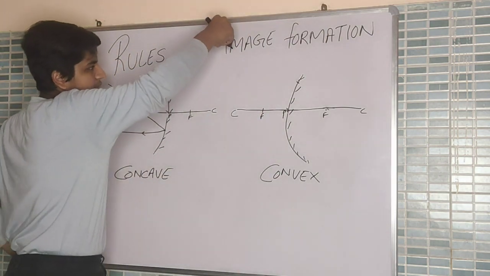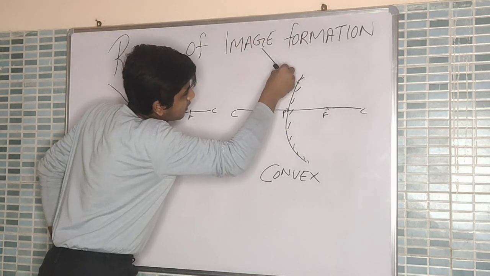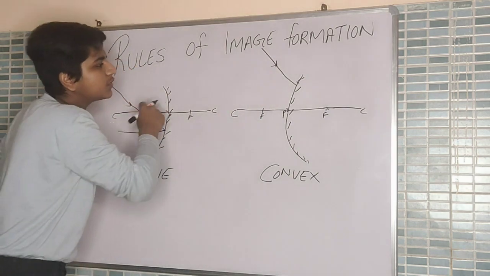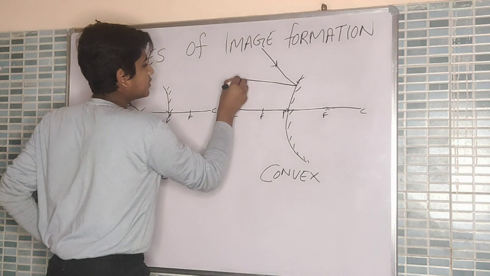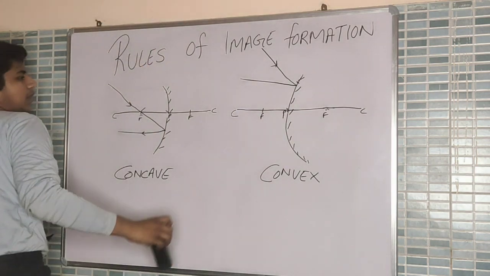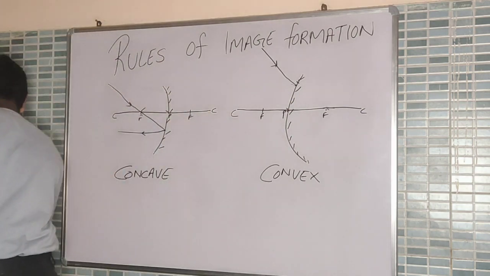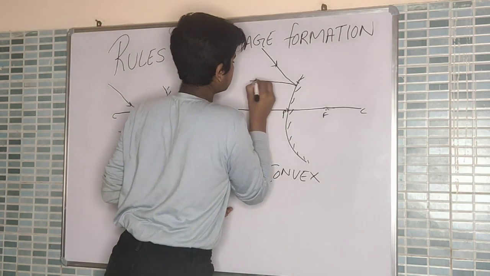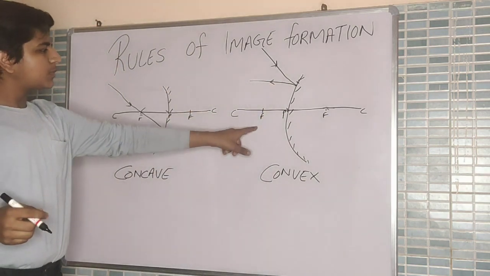So this time I will be making the ray of light from upwards. Suppose this is a ray of light, so it will diverge it, and it will make it parallel to the principal axis.